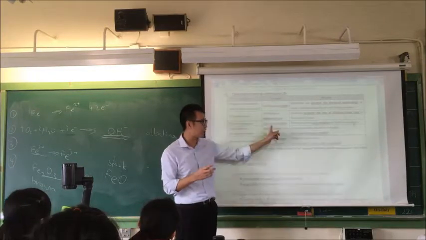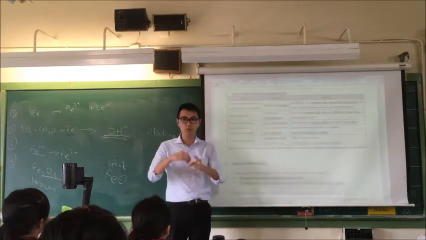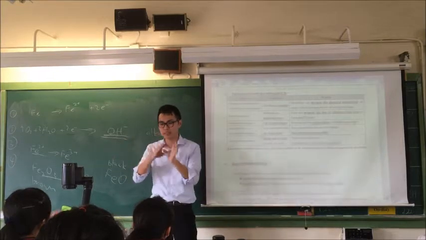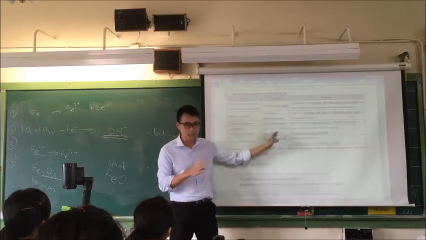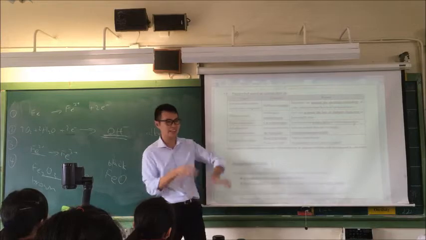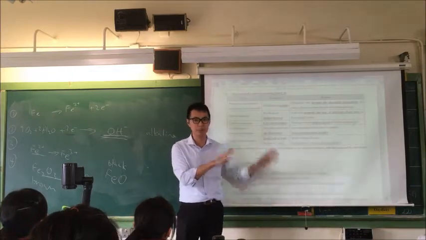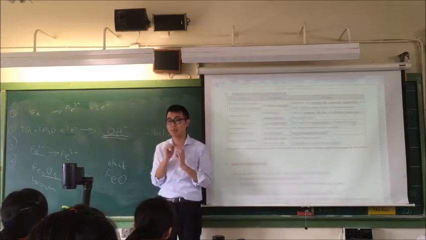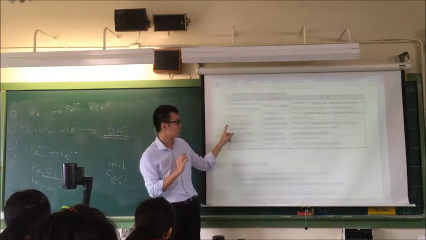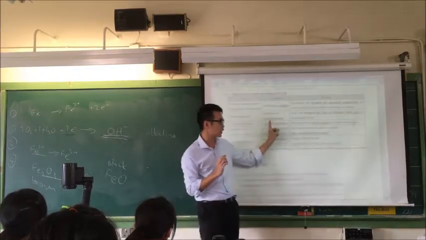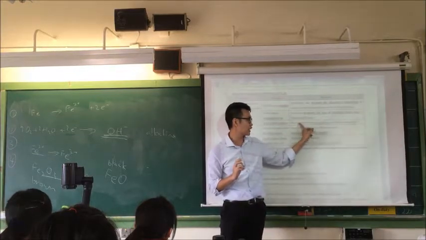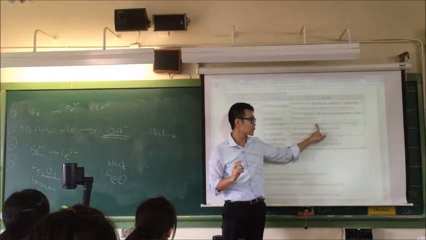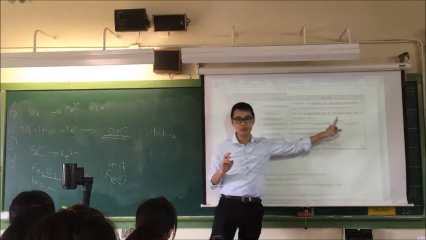The iron in the car exhaust pipe will rust much faster than the iron in other places because of the high temperature, which will speed up these two steps. Okay, and the reason is right here. Rusting reaction proceeds faster at higher temperature.